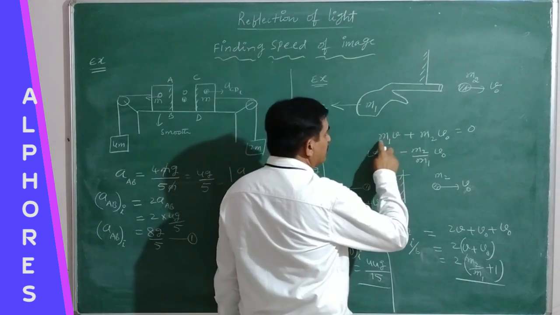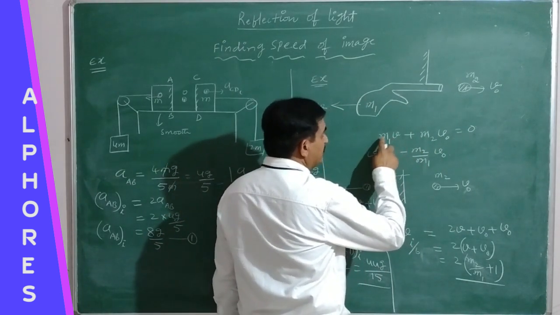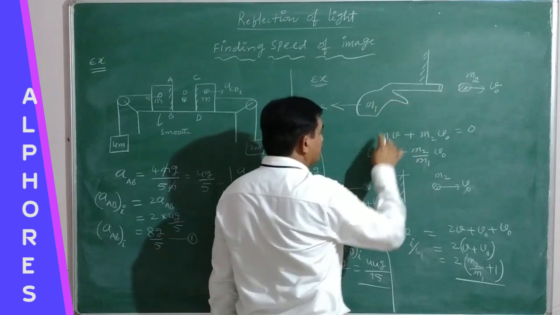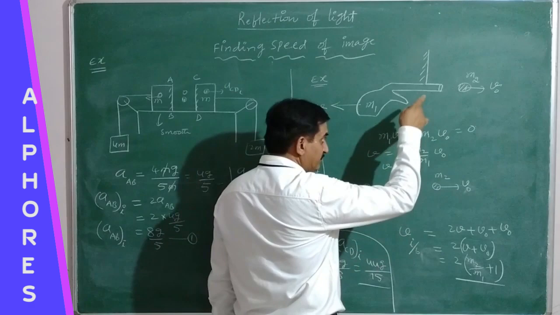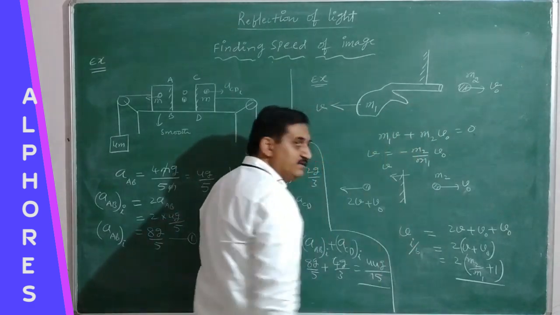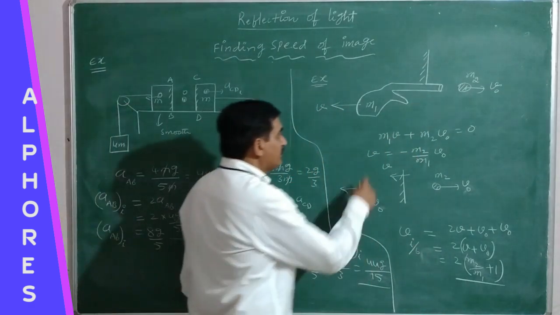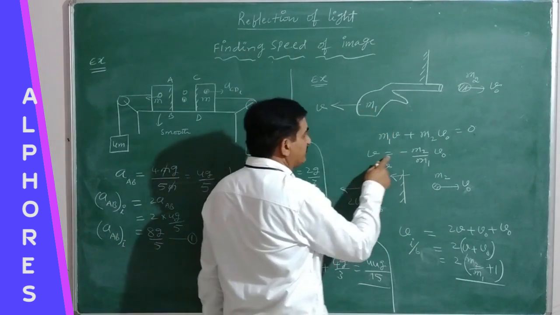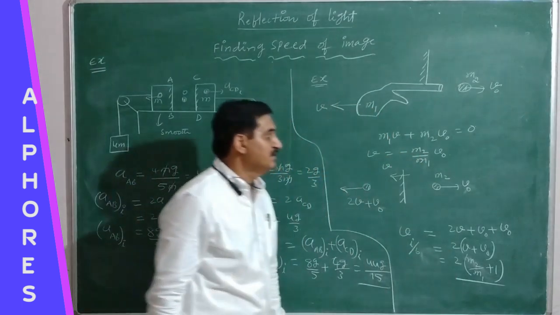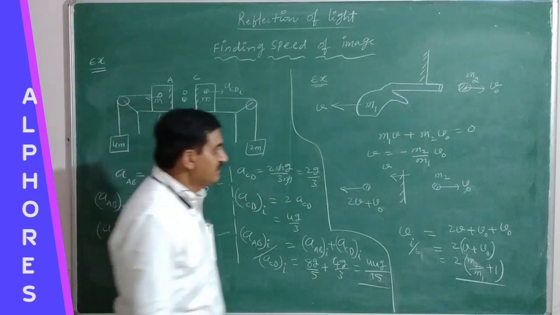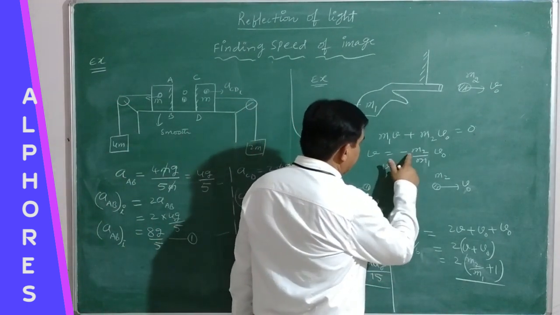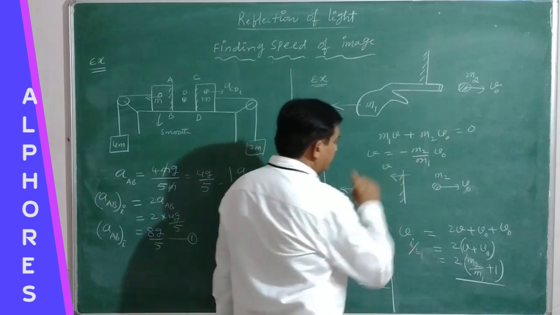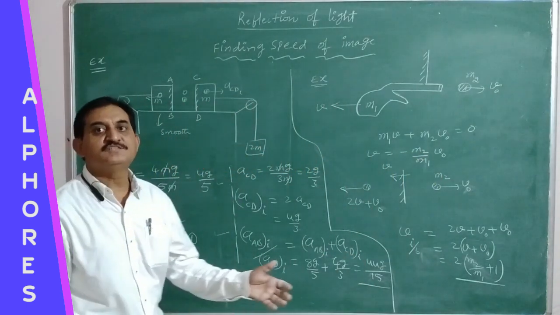After firing, the final momentum of the bullet and the gun together: m2v0 for the bullet, and m1v for the gun. Therefore, the final speed, the recoil speed of the gun, is v equals minus m2 by m1 into v0. The negative sign indicates that the gun is recoiling.